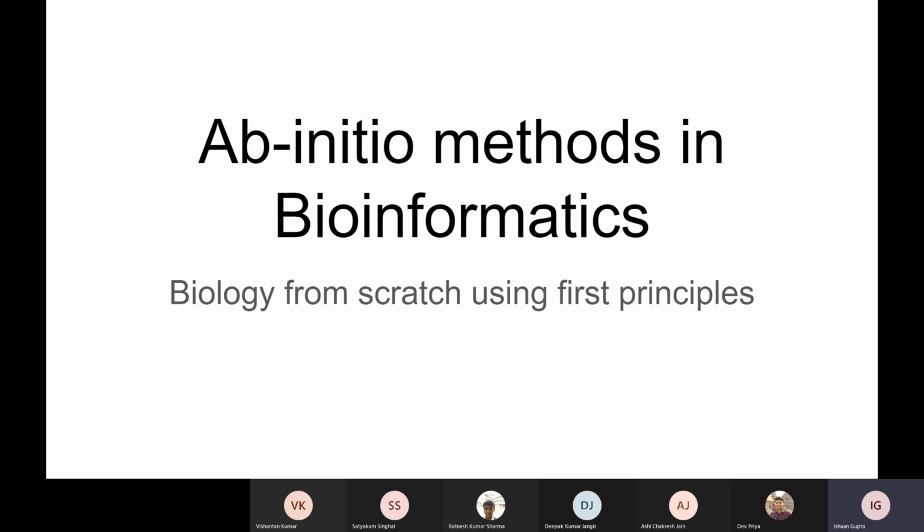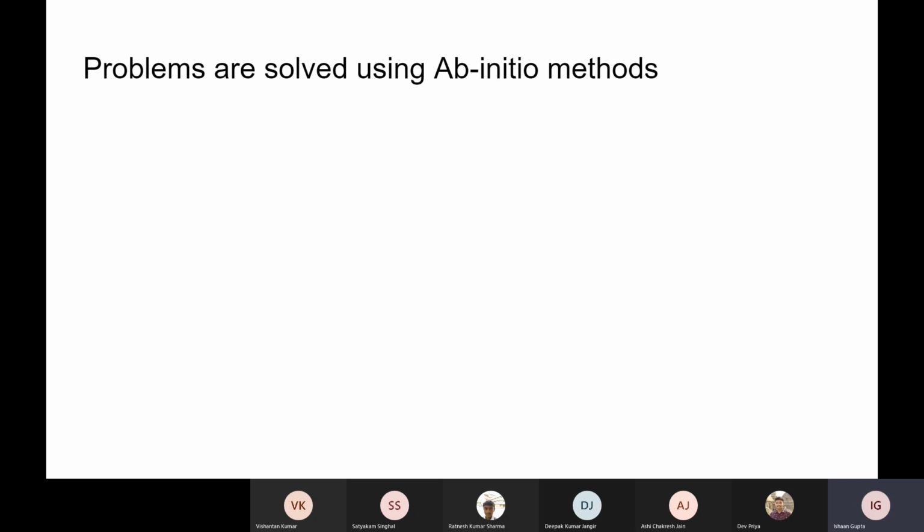When these methods are applied using computation, they are called ab initio methods in bioinformatics.